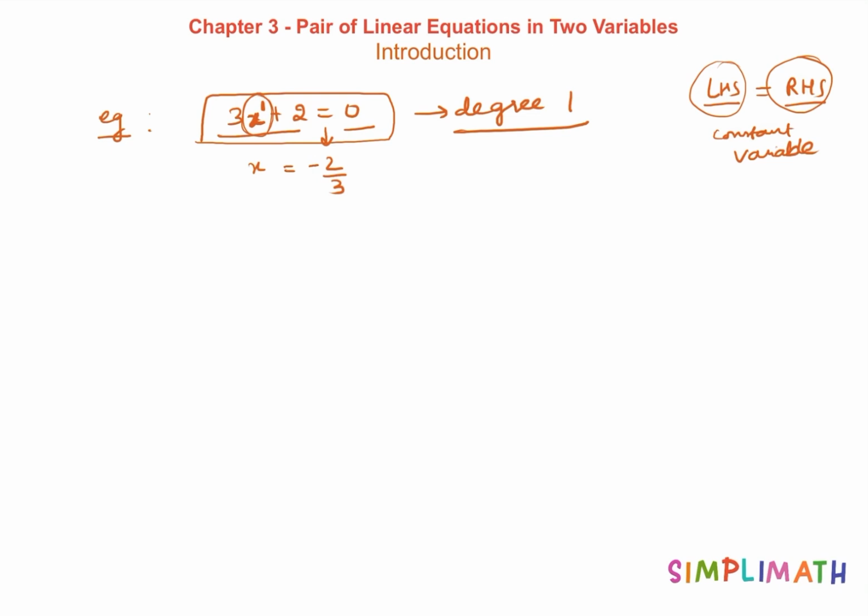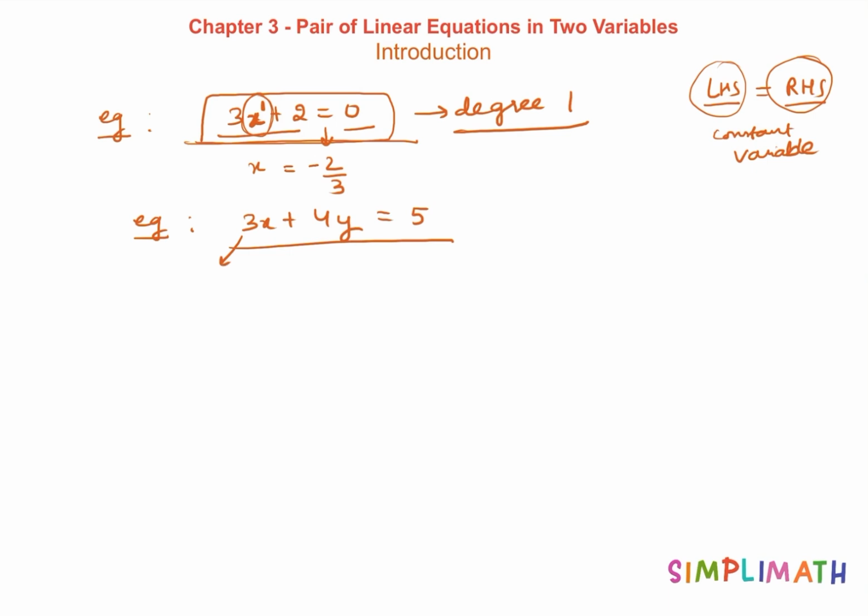Okay, now what is a linear equation in two variables? A linear equation in two variables will be an equation of a similar form, but there will be two variables and degree of both the variables would be 1. For example, let us say we have 3x plus 4y equals to 5, right? So here, how many variable terms do we have?